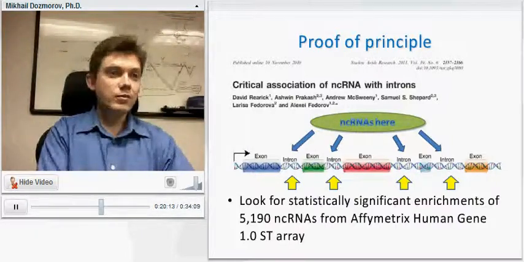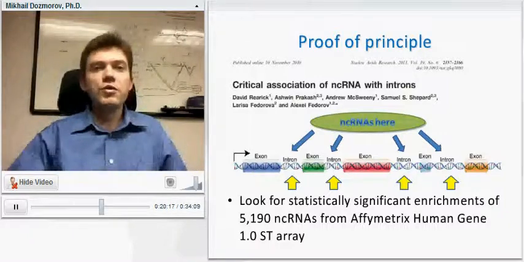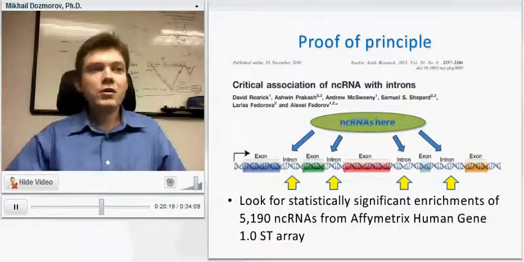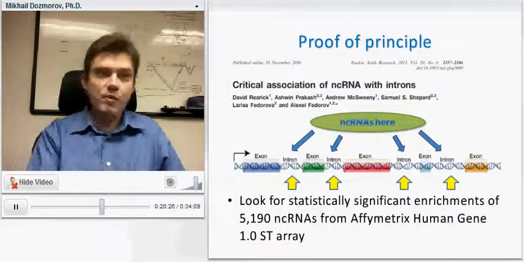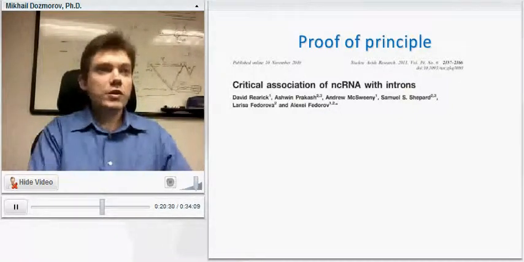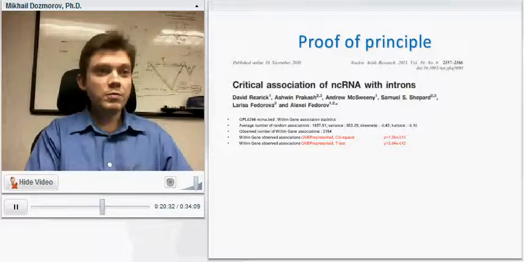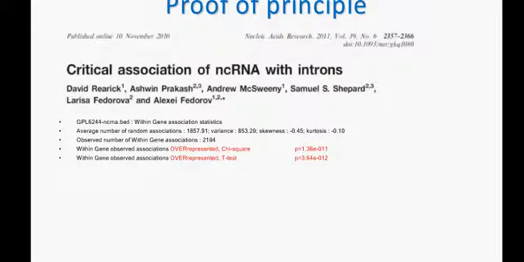To answer this, I looked for statistically significant enrichments of more than 5,000 non-coding RNAs from the Affymetrix Human Gene 1.0 ST array. First of all, let me show you the full screen of this slide.